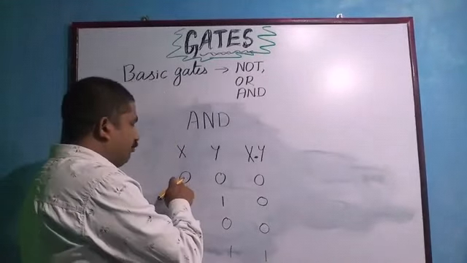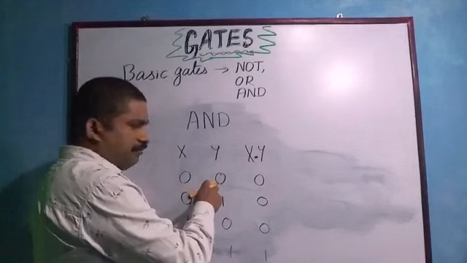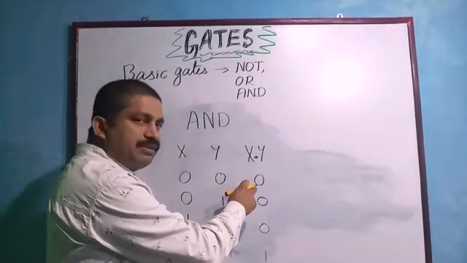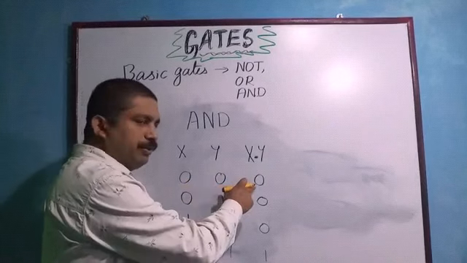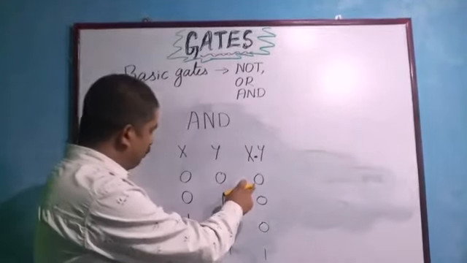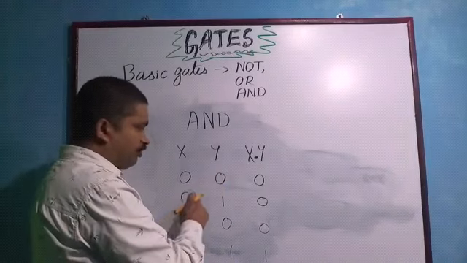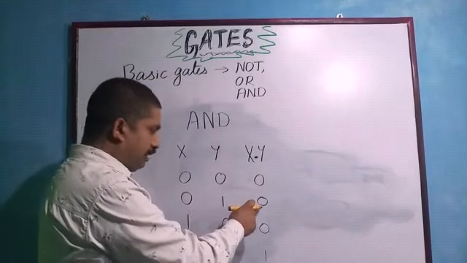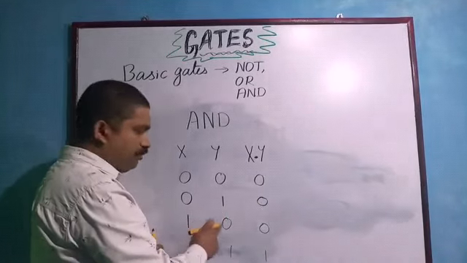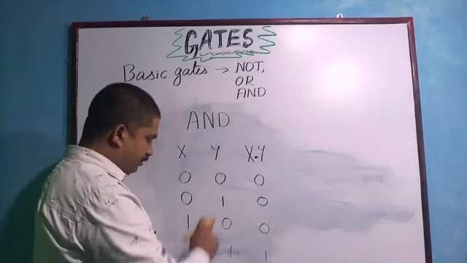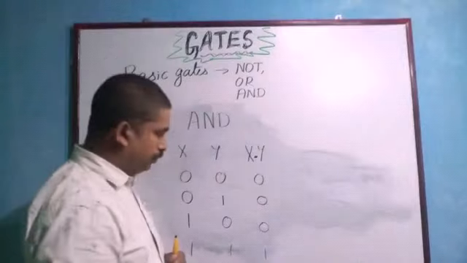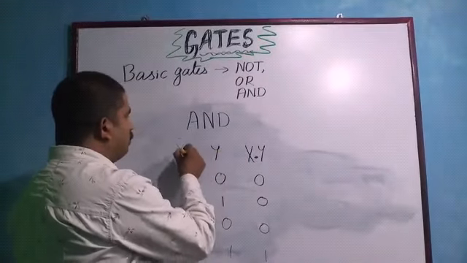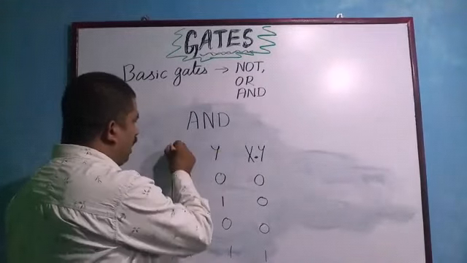So here false and false is always false. Low signal gives low signal in the circuit. False and true is always false. True and true is always true. So this is the truth table for AND gate.